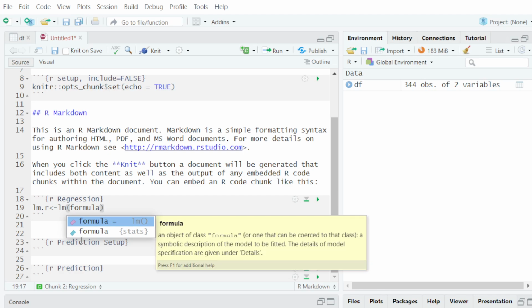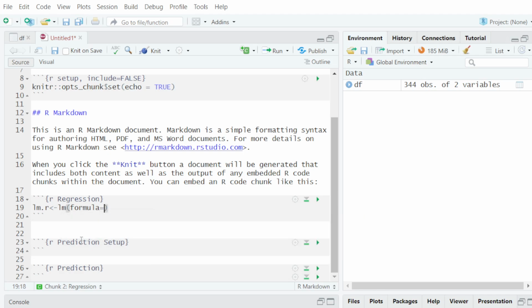So formula equals. The basic setup is you're going to do y, then the squiggle, and then x. So whatever your y variable is, then use the tilde or squiggle that is in the upper left corner of your keyboard, right next to the 1 key. You have to hold the shift to activate the squiggle.